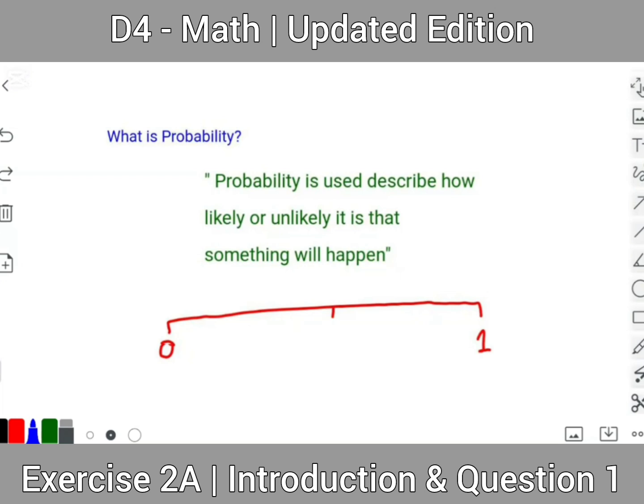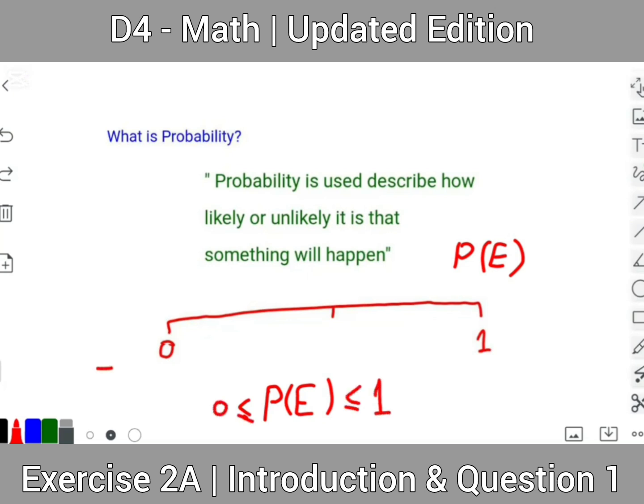The probability that any event occurs or not will be denoted by P of E. And this P of E always lies between 0 and 1.